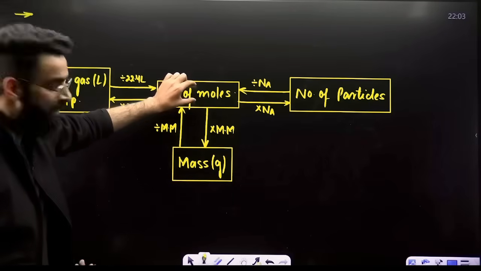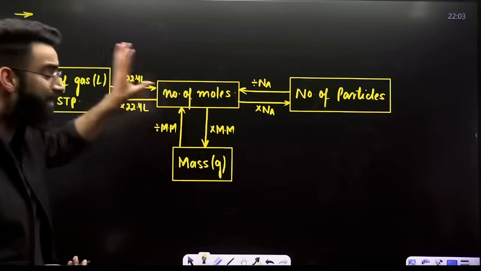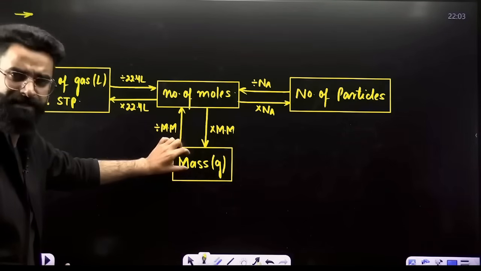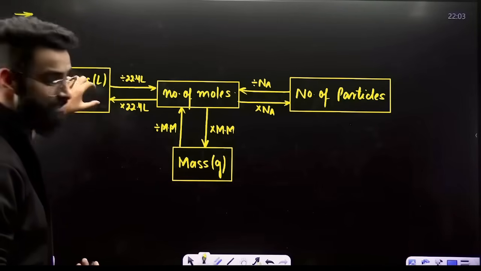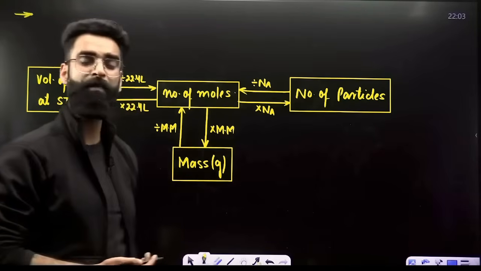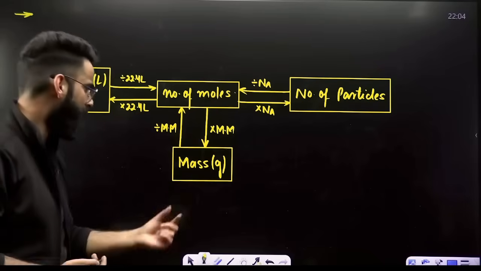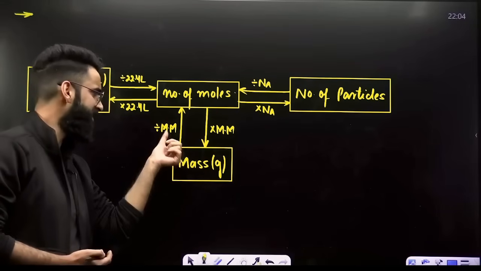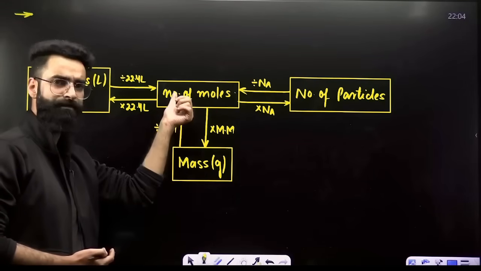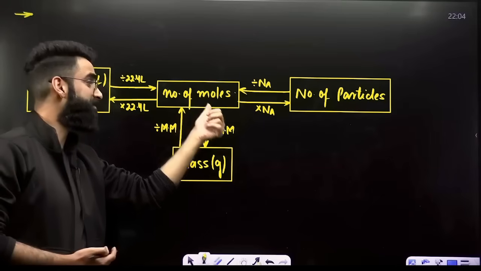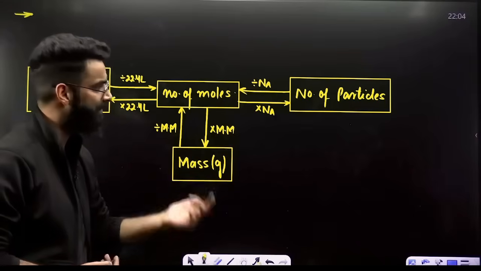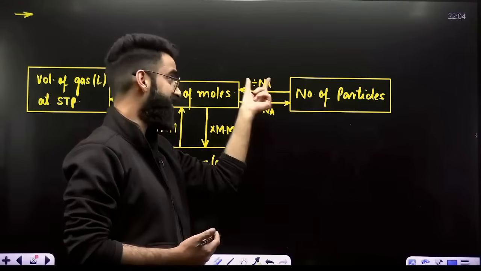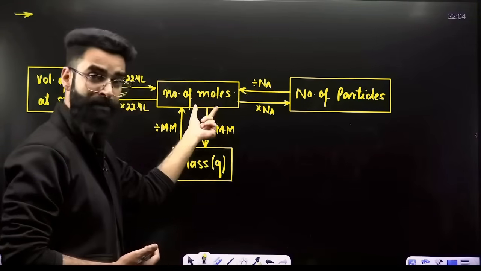In order to calculate number of moles, either I should be given the mass of the substance, or the volume of the gas, or the number of particles, right? Given mass of the substance divided by molar mass gives me moles, or number of moles multiplied by molar mass of the substance gives me the mass. Similarly, given number of particles divided by Avogadro's number gives me moles.